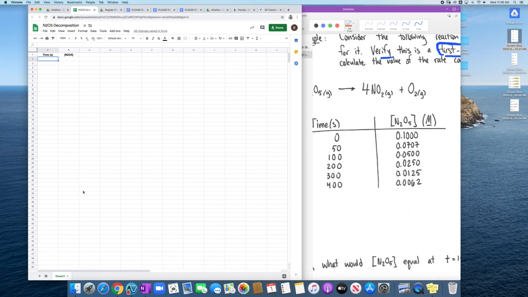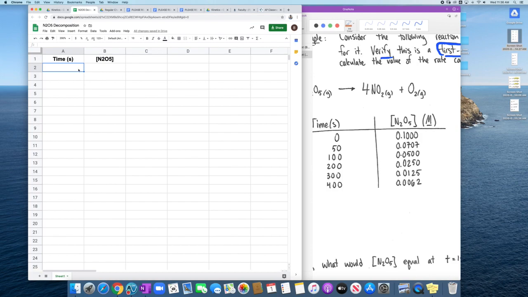All right, and I wonder if it'll let me zoom in as well. Cool. All right, so we've got 0, 50, basically, no, not every 50 seconds, every so often we measure the concentration up to 400 seconds. So this is the initial moment, the initial time, and what's the initial concentration? 0.1, 0, 0, 0.